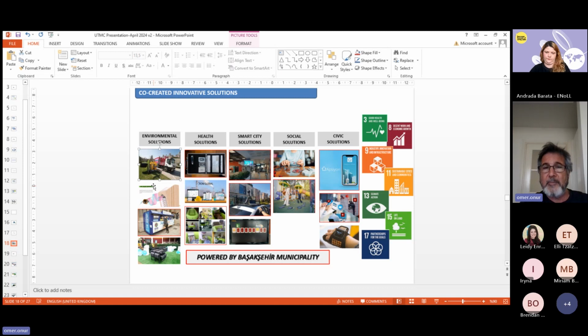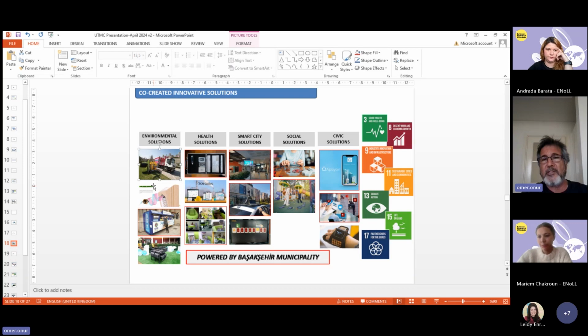And there are other examples, like in smart solutions. This is the car which has a probe on the top, which is actually a 360-degree camera that tracks all the signs on the streets, and by using artificial intelligence, they are testing and using these solutions.